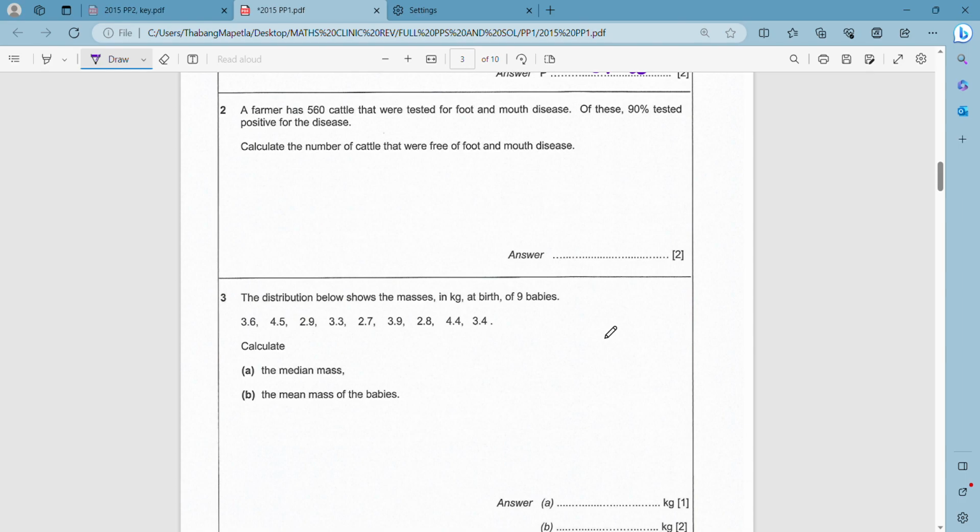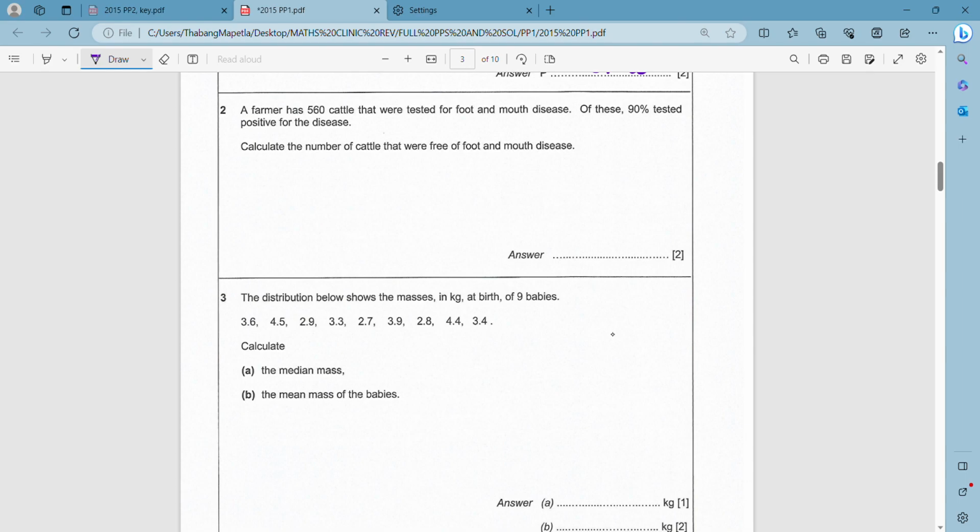So we have 560 cattle, but we know that 90% tested positive for the disease. Now we want those that are negative, or free of the disease, which means it's simply going to be 100% minus 90%.